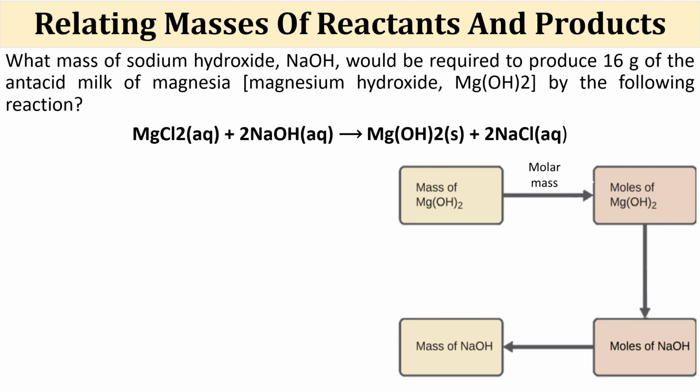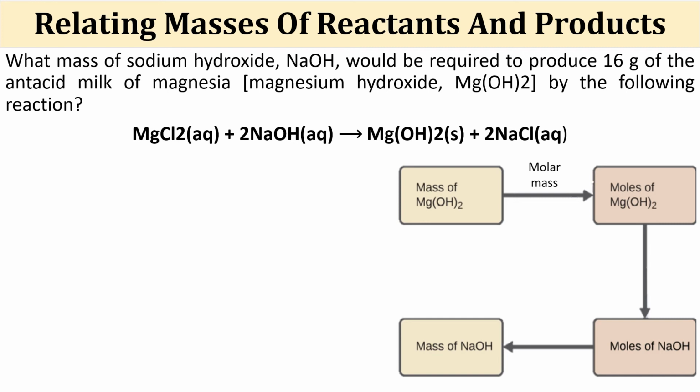Then we're going to times those moles of magnesium hydroxide with the stoichiometric factor, which is 2:1. 2 sodium hydroxide molecules react to produce 1 magnesium hydroxide.